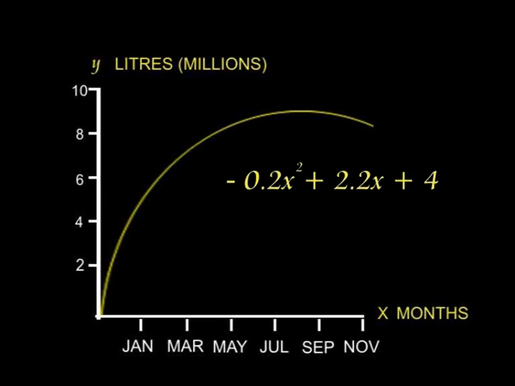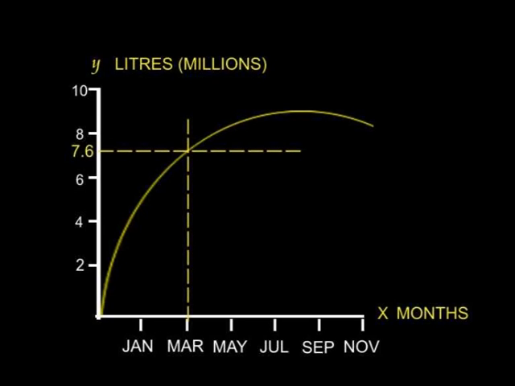At any point along this graph, it is easy to determine the amount of water. For example, on the 1st of March, it can be seen that there are 7.6 million liters of water.